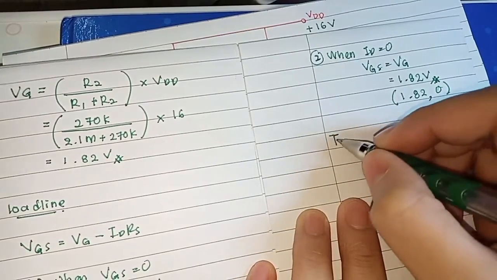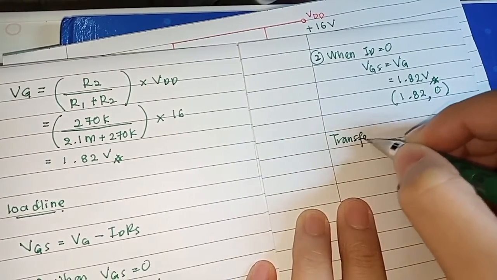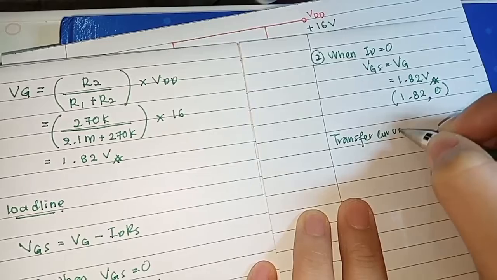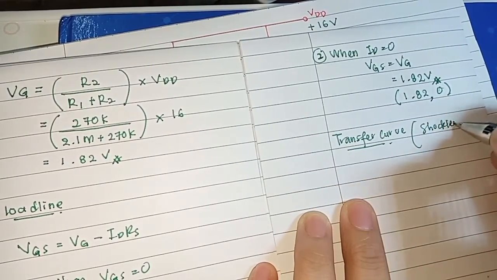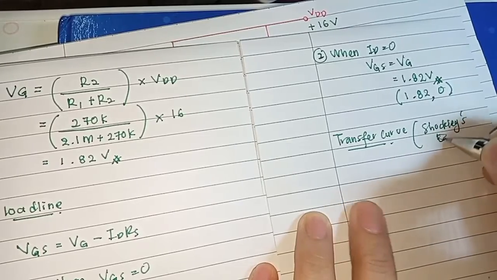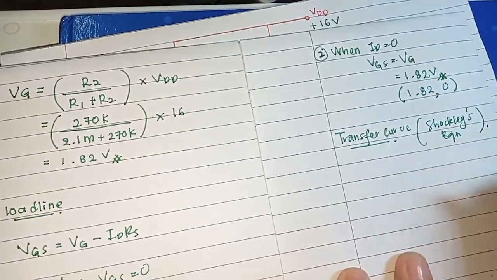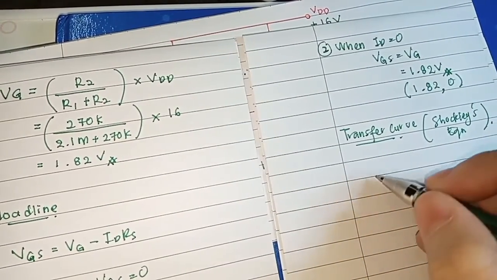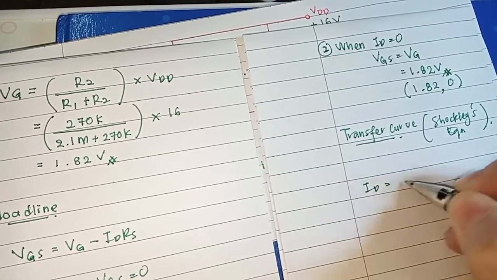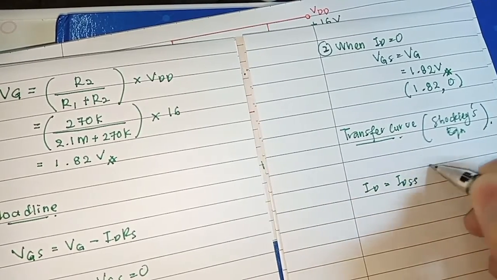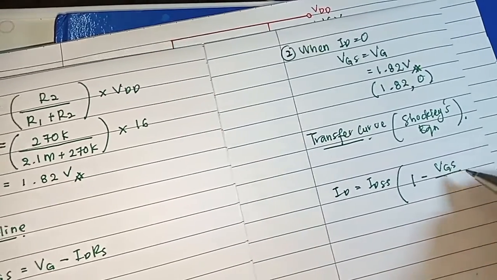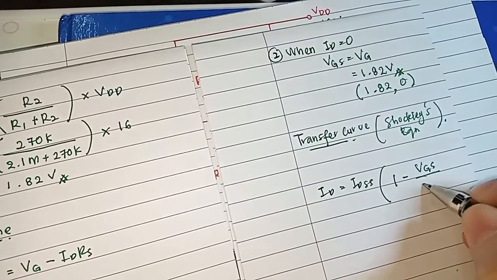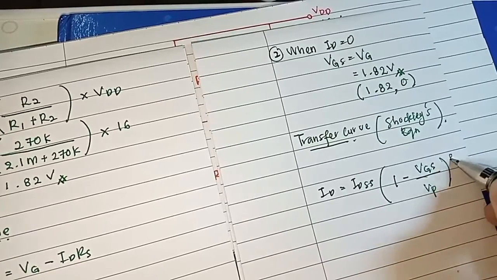Now, to find the transfer curve, we need to use the Shockley equation, which is ID equals IDSS in bracket 1 minus VGS over VP, squared.